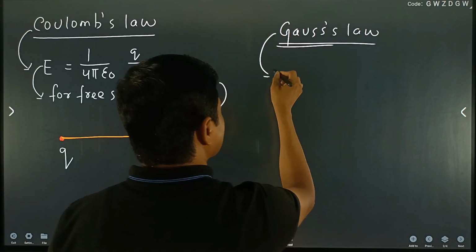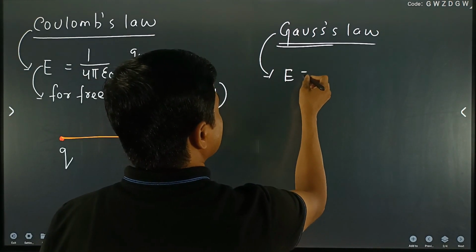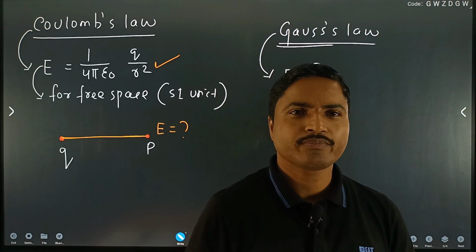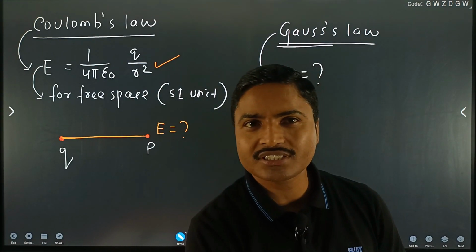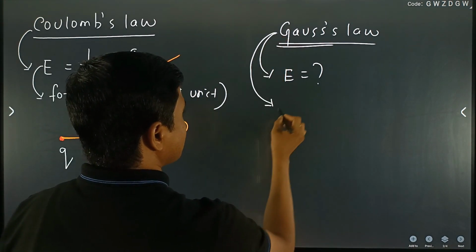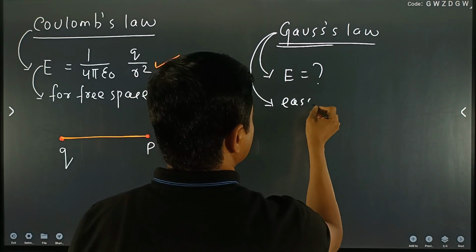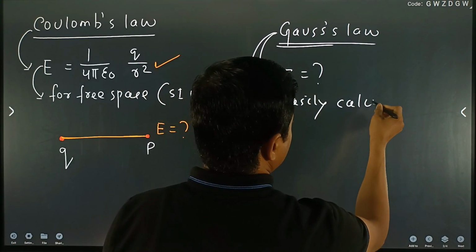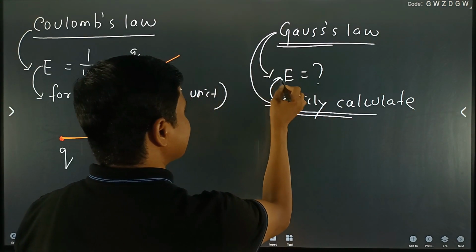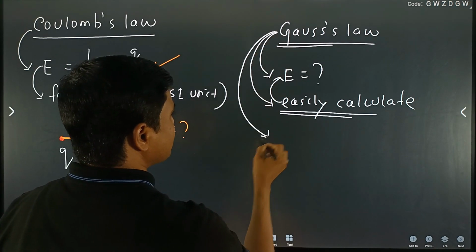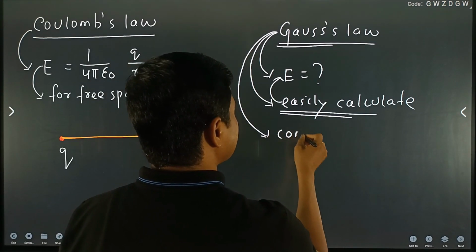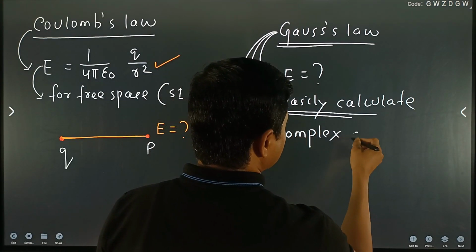But by using Gauss law, we also calculate the magnitude of electric field at any point due to a point charge and also due to a continuous charge distribution. But what is the difference? In case of Gauss law, we can easily calculate electric field in case of complex configuration.